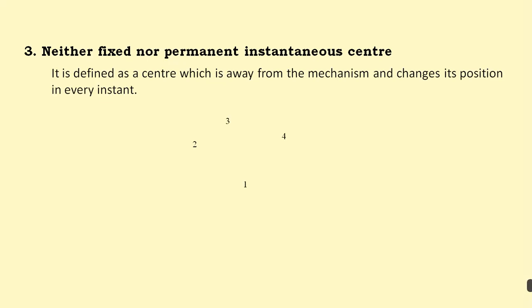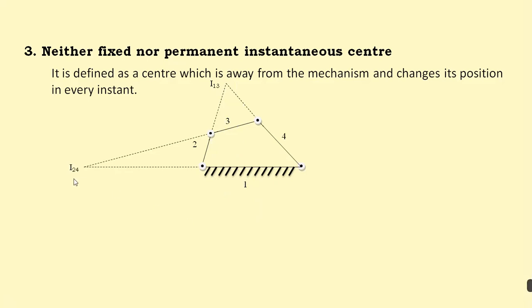Neither fixed nor permanent means this will exactly satisfy the instantaneous center definition. It is defined as a center which is away from the mechanism and changes its position every instant. The same 4-bar mechanism we have considered, and if you try to locate the instantaneous centers, I13 is one instantaneous center, and I24 is one instantaneous center, which we can consider as neither fixed nor permanent.